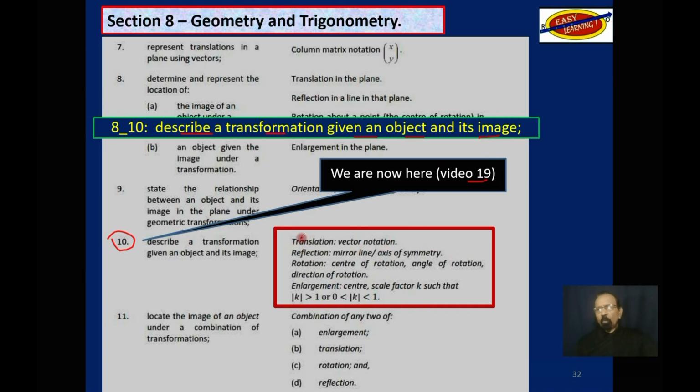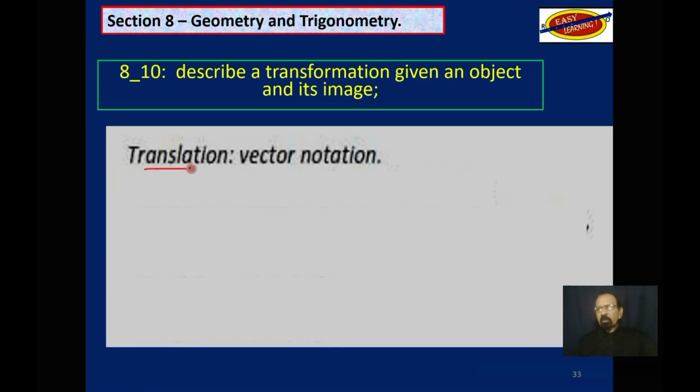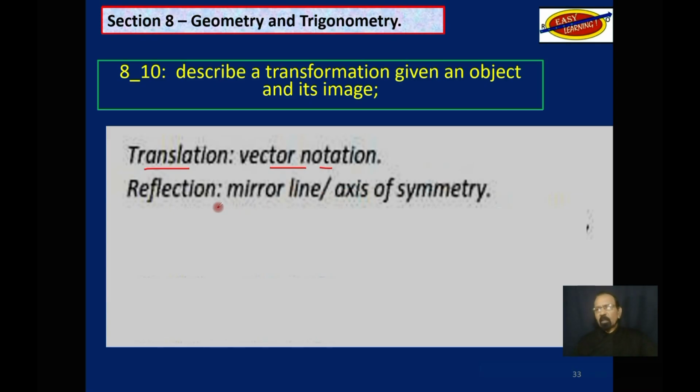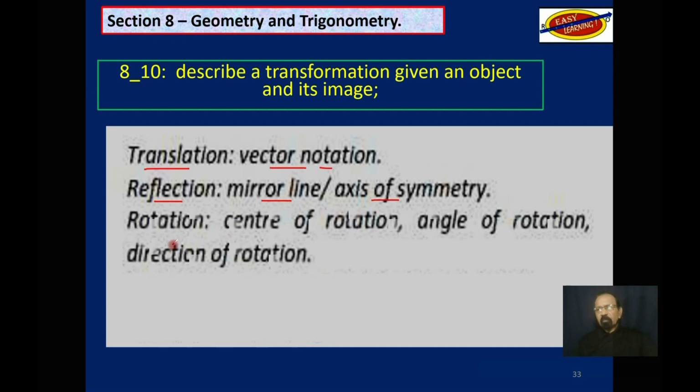And we will be looking at these transformations here, which is translation. And by now, we have to use vector notation. We will also be looking at reflection, mirror line, which is the axis of symmetry. Rotation, we'll have to find the center of rotation, the angle of rotation, and the direction of rotation.